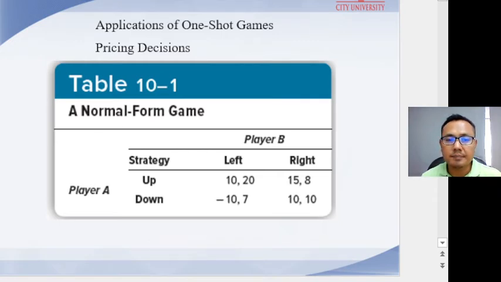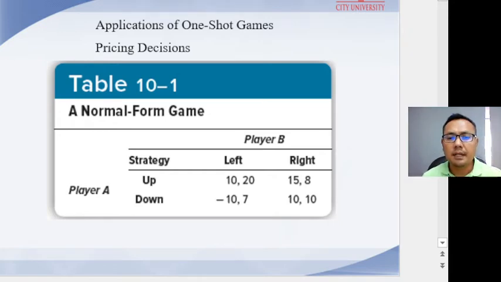In particular, player B in table 10.1 should recognize that a dominant strategy for A is to play up. Thus, player B should reason as follows: player A will surely choose up since up is a dominant strategy.